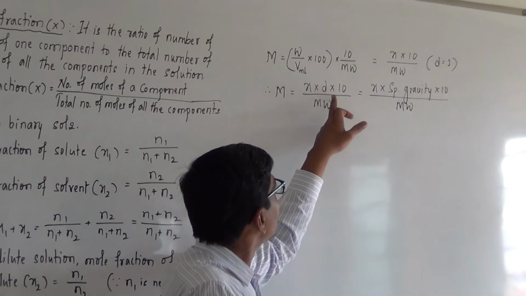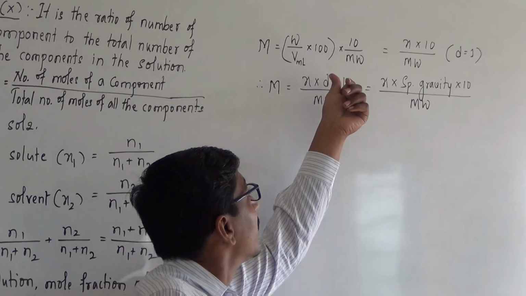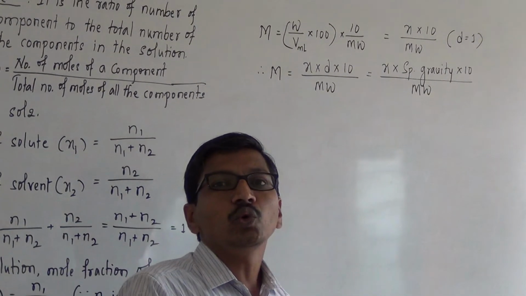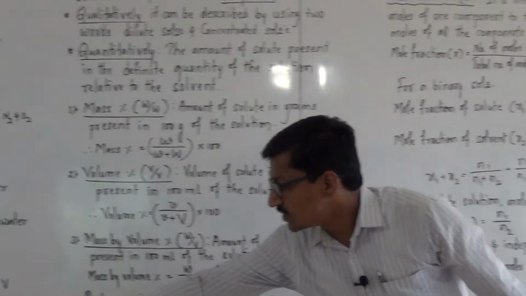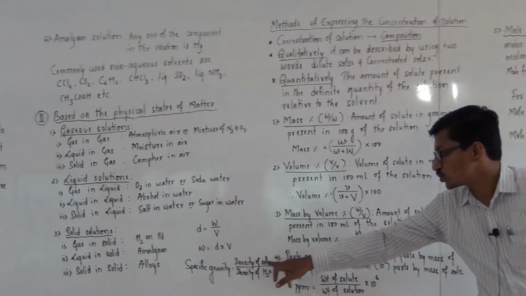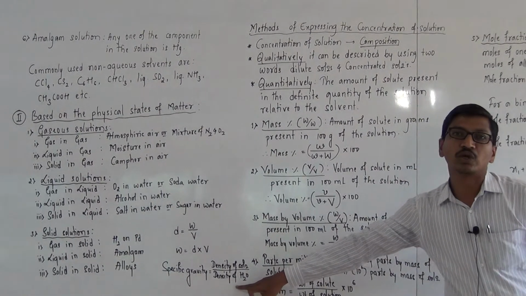X into D into 10 divided by molecular weight, and density of the solution is always equal to specific gravity if the density of water is equal to 1. Density of the solution is equal to specific gravity when density of water is equal to 1.